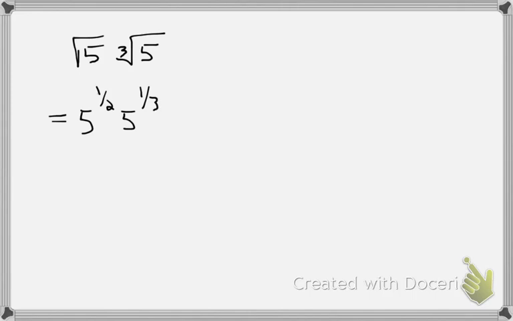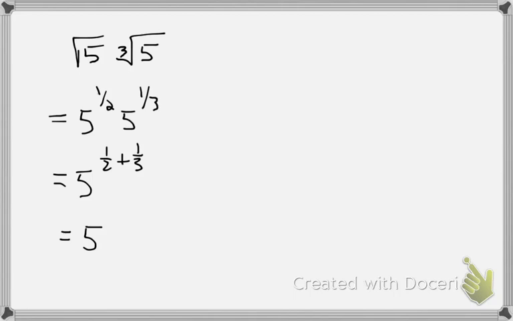That's the same thing as 5 to the 1/2 times 5 to the 1/3. You guys agree? You forgot about that, right? Long weekend. Since we're multiplying like bases, we can, in fact, add the exponents. That's 5 to the 1/2 plus 1/3. You guys agree?